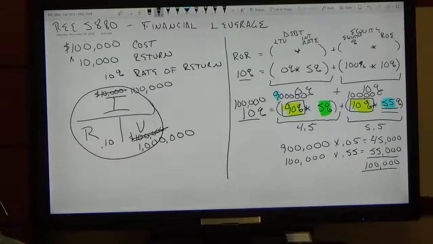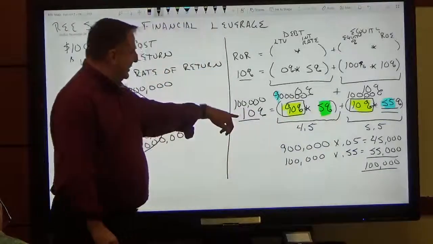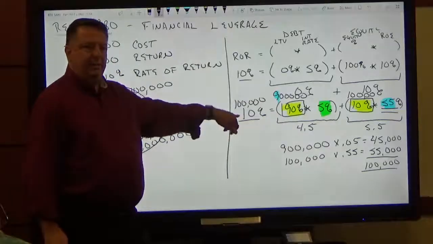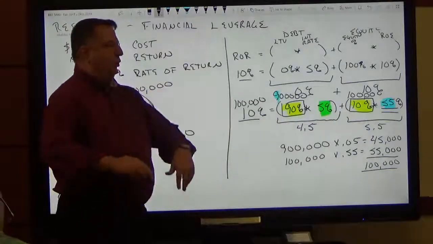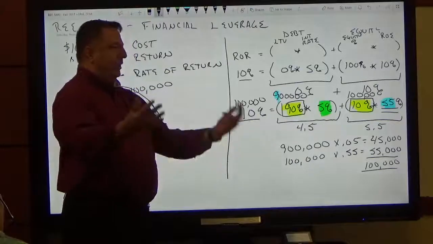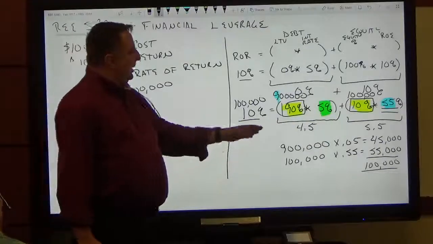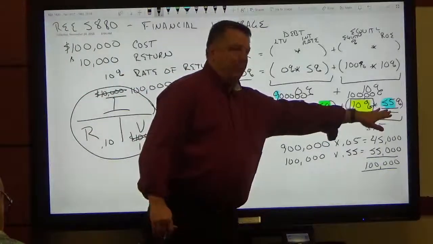Okay, so what you have done through this is that by borrowing this $900,000 at the 5%, when the project itself is yielding 10%, you have leveraged, or you have freed up the money that you would have paid to yourself in terms of a 10% rate of return to basically be able to pay yourself that much more.